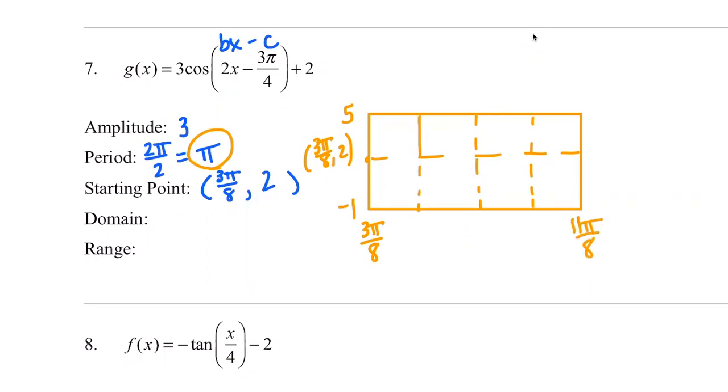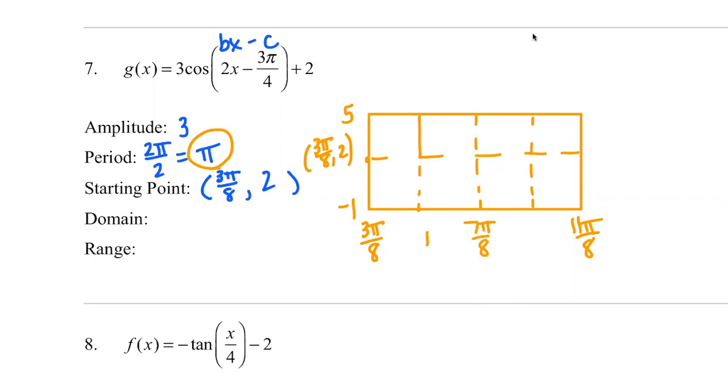So let's find our first midpoint. 11 pi over 8 plus 3 pi over 8 is going to give us 14 pi over 8, and then we divide it by 2. So it looks like 7 pi over 8 for that one.